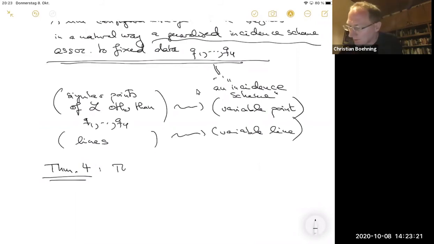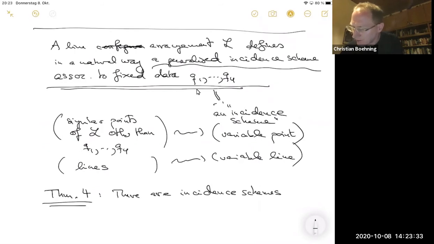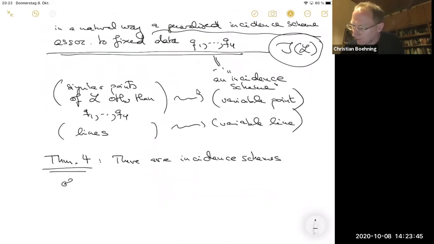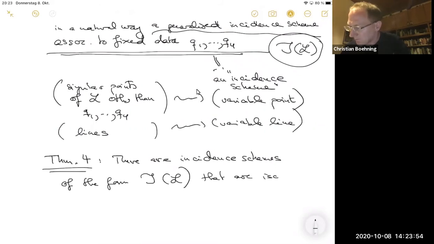So I want to say that there are incidence schemes, and here I should say, this incidence scheme defined by the line arrangement, let me call that I of L. I say that there are incidence schemes of form I of L that are isomorphic to a PQR scheme, which is a non-reduced point.